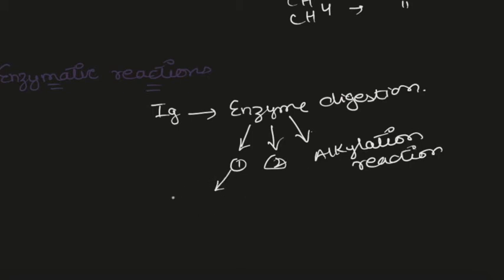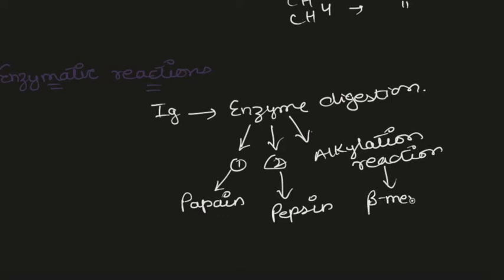Now the first enzymatic reaction is mediated by the enzyme papain. The second enzymatic reaction is mediated by pepsin, and the alkylation reaction is mediated by beta mercaptoethanol.